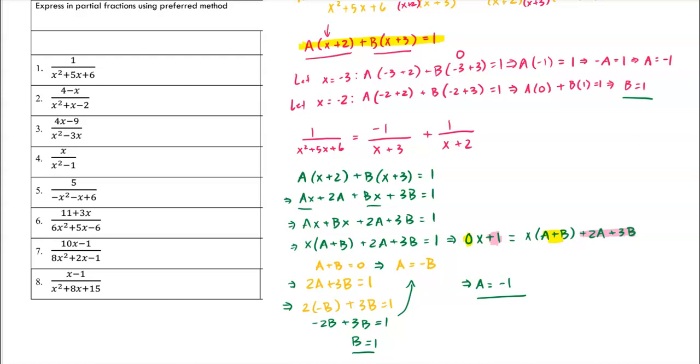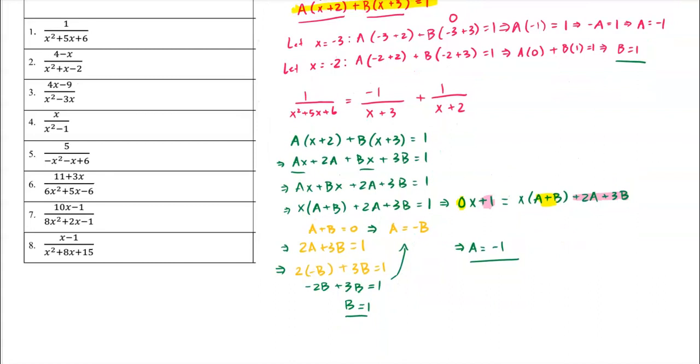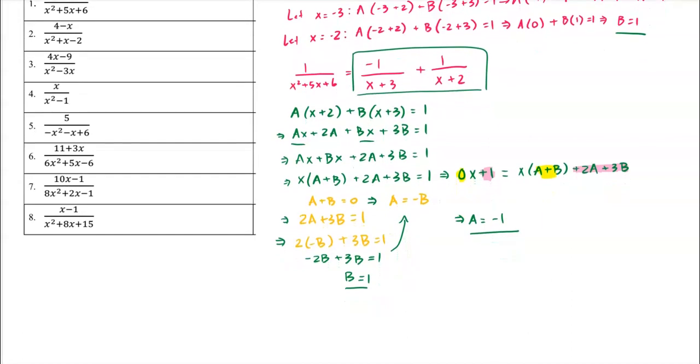So it's up to you which way you want to do it. I'm going to use the algebra method because algebra is my thing. If you want to put a final answer, that would be it right there for number 1.